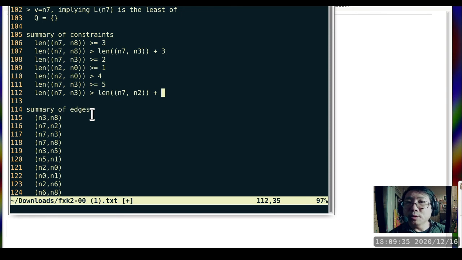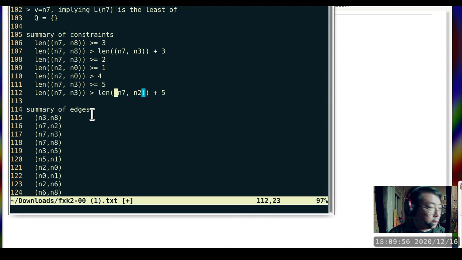All right, so now we look for terms that are only appearing on the right hand side, and it looks like n7 n2 is the one. It only appears on the right hand side, so that means it is free to be anything we want it to be. So let's make that another 3.